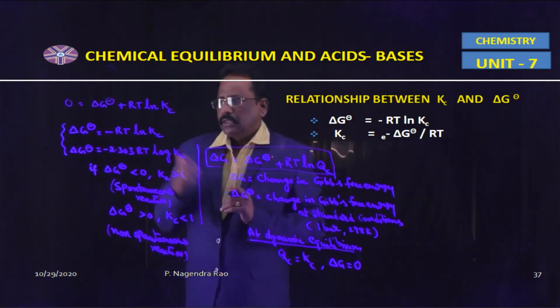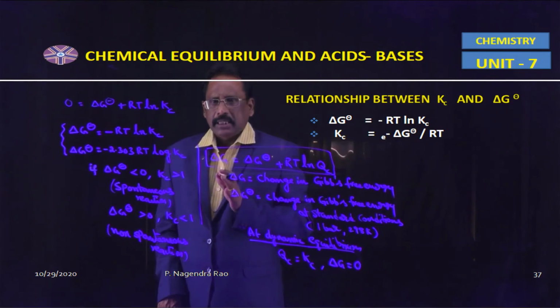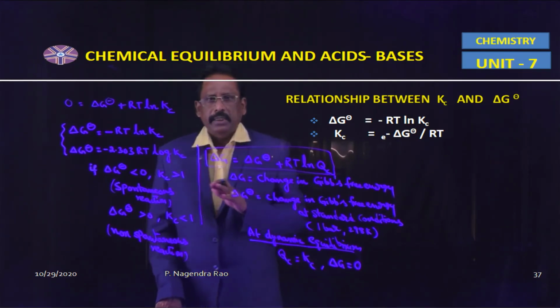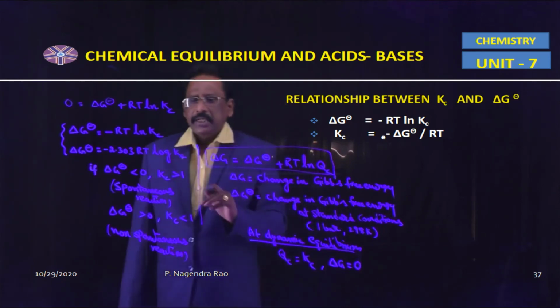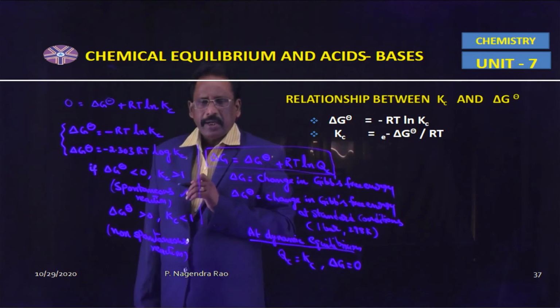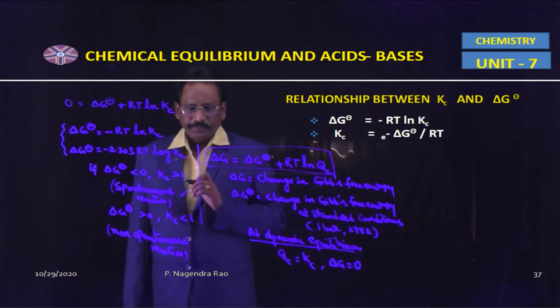So the change in Gibbs free energy also indicates the spontaneity and non-spontaneity of the reaction. For any spontaneous reaction, delta G at standard conditions shows a negative value.